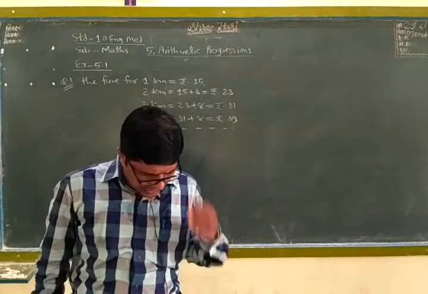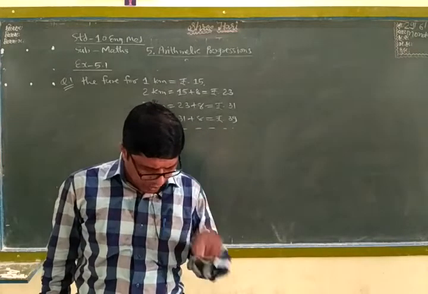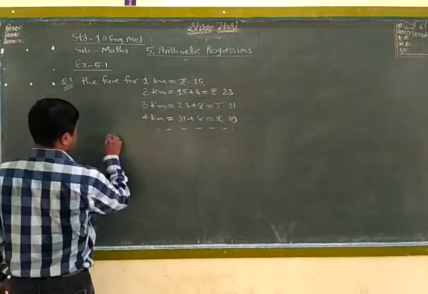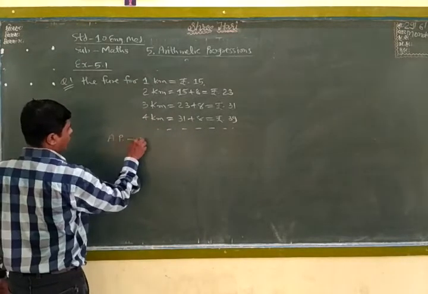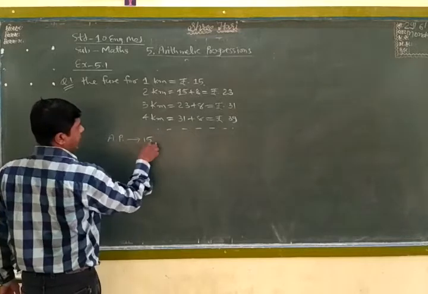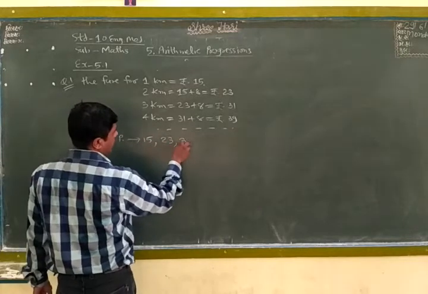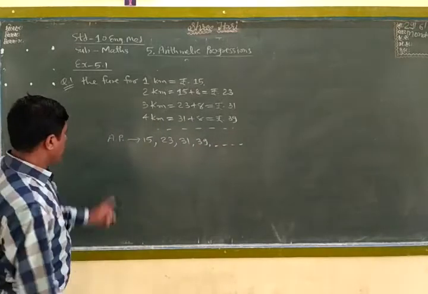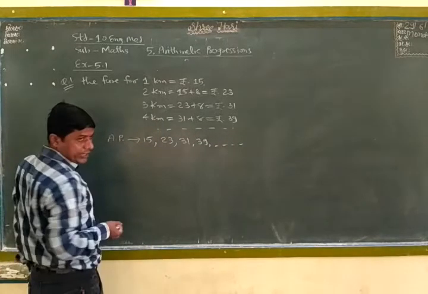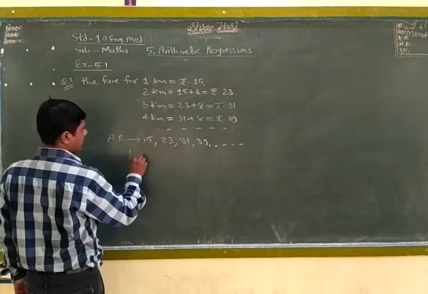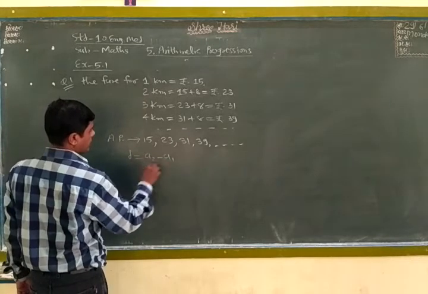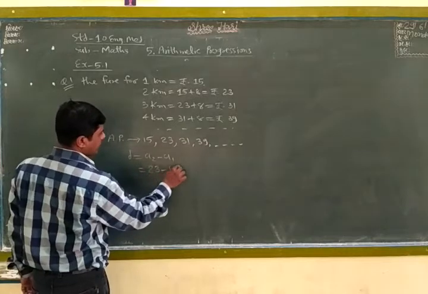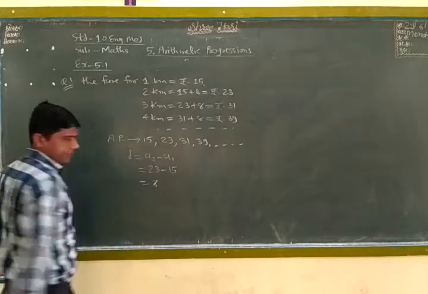Now here we check whether this is an arithmetic progression, yes or no. So we write down the AP: 15, 23, 31, 39, and so on. How to check? Common difference D is A2 minus A1. This is A1, this is A2, so 23 minus 15, which is 8.